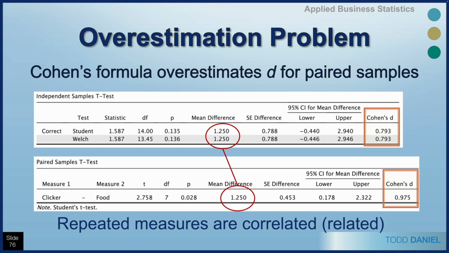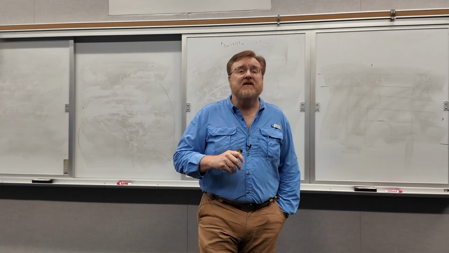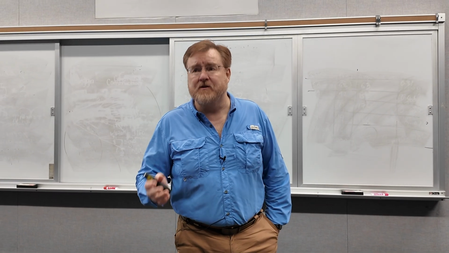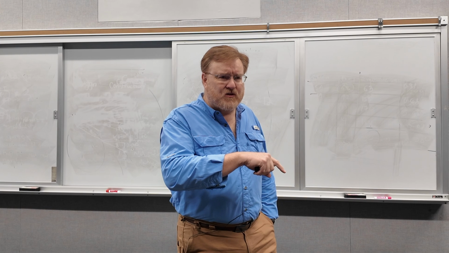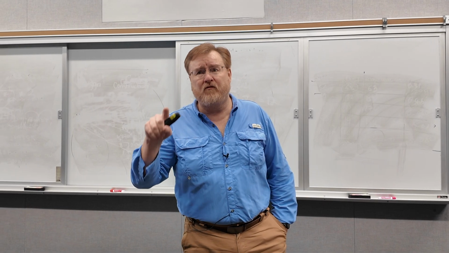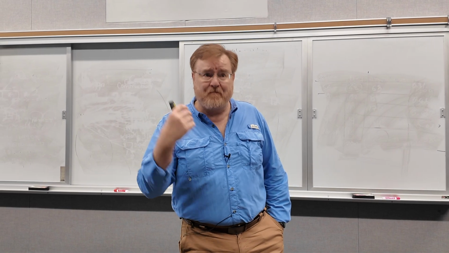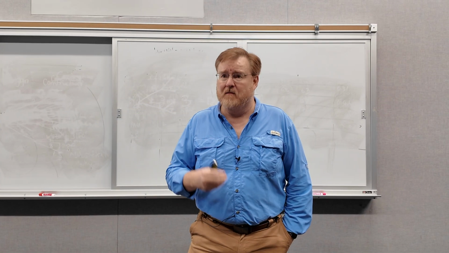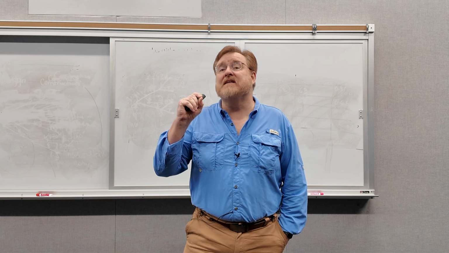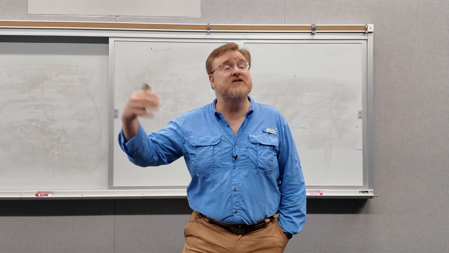What is happening here? The answer is correlation, relatedness. The after score is dependent upon the before score. We have paired or dependent measures. The correlation between those sets of scores is affecting our effect size.